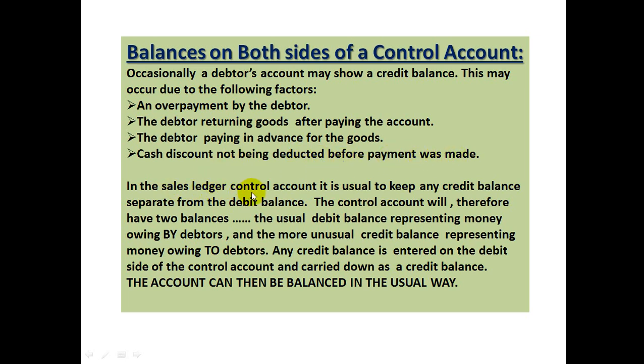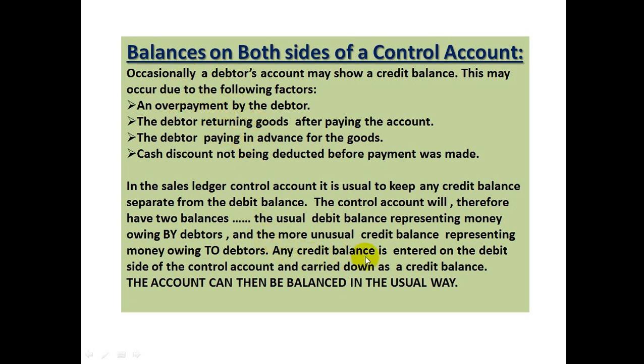In the sales ledger control account, it is usual to keep any credit balance separate from the debit balance. The control account will therefore have two balances: the usual debit balance representing money owing by debtors and the more unusual credit balance representing money owing to debtors due to any of these reasons.